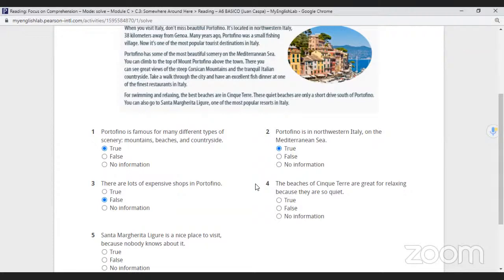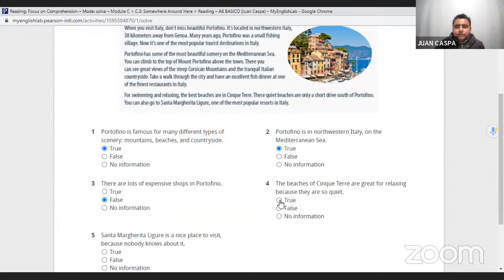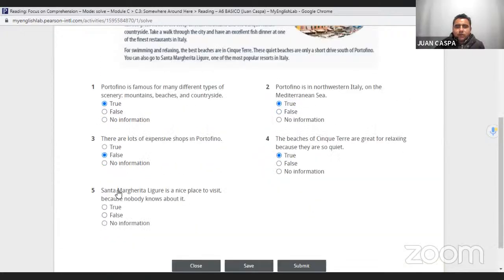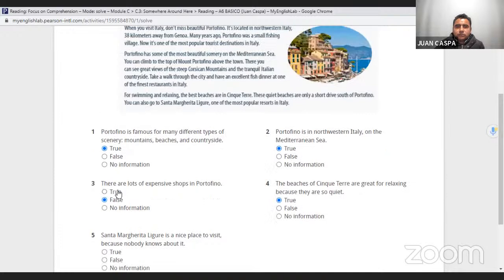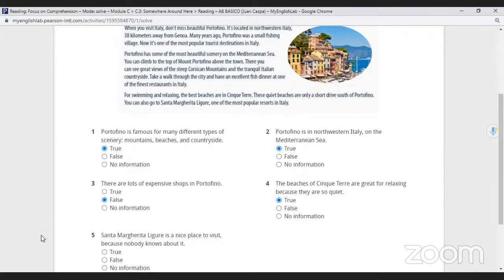Number four is true. True. Five. Number five is true. Okay.